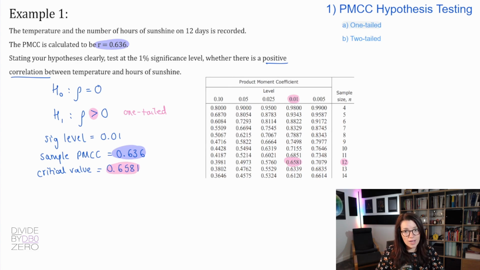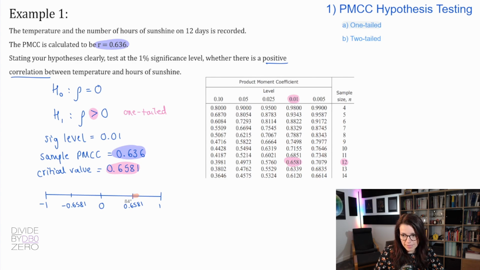And then we need to look at where the sample PMCC falls in relation to that critical value. So to do this, I like to draw a number line. It goes from -1 to 1 for PMCC, 0 in the middle. I like to put the critical value, 0.6581, and its negative version here, so that I can see where the region is that would be considered significant or extreme.